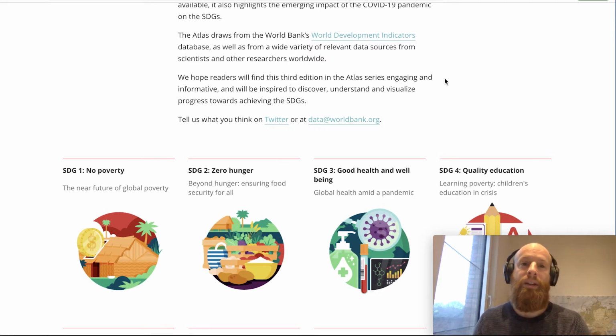It's all online. And the nice thing about the Sustainable Development Goals Atlas 2020 is that we, as the people building the atlas, were given a lot of freedom to make use as much as possible of all the interactive features that you have in an online environment. So it's very visual and also very interactive, as you'll notice.